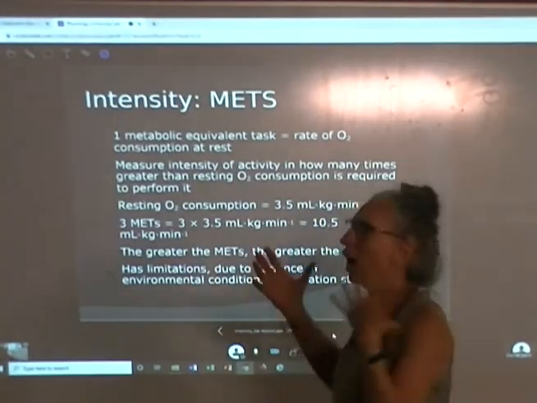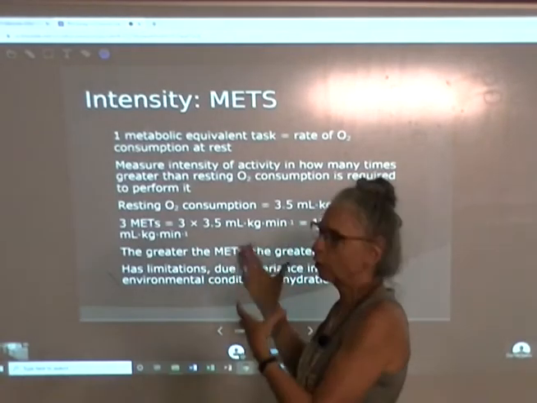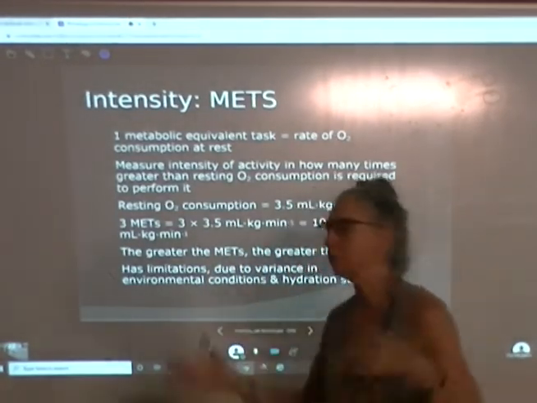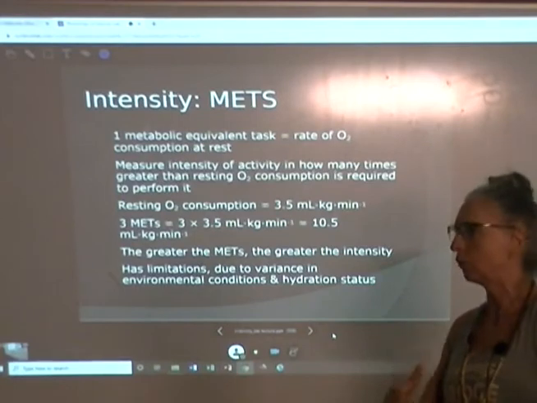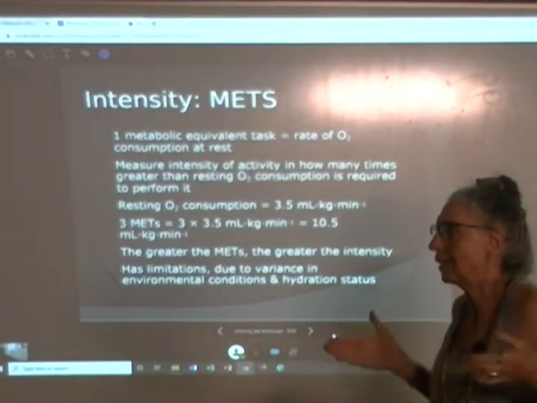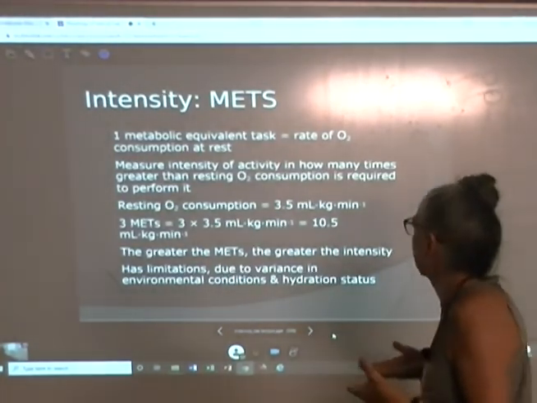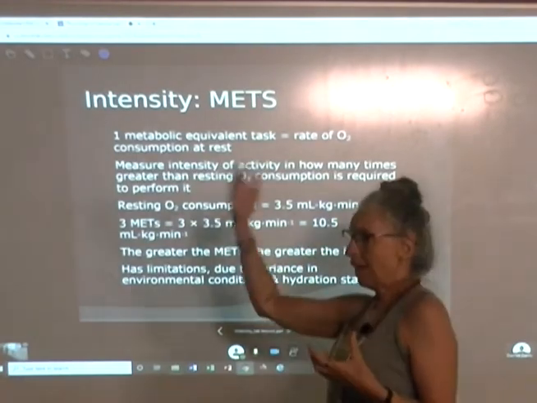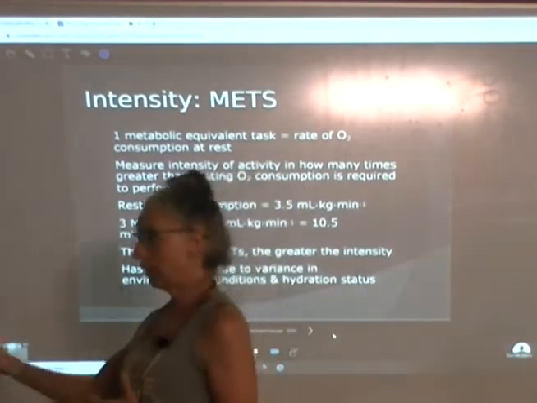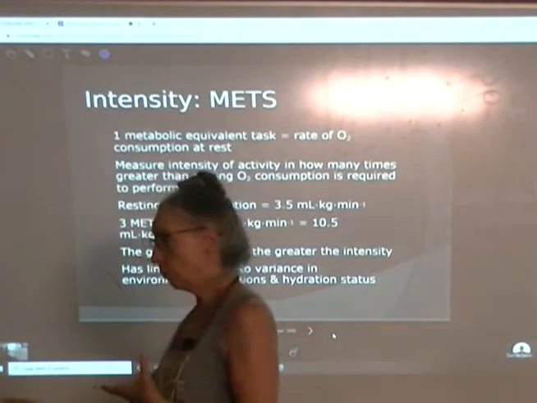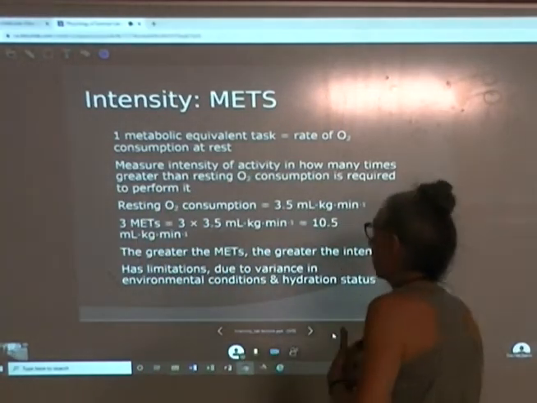So every year I look at this information and I go, I'm still going back to my percentage heart rate max. It doesn't lie, right? The greater the MET number, the higher the intensity workload that you're performing, all right?